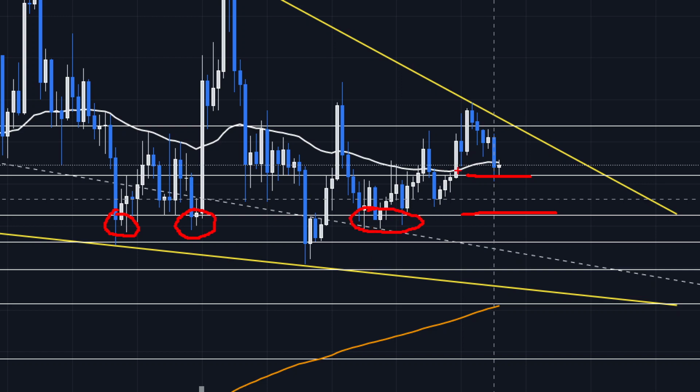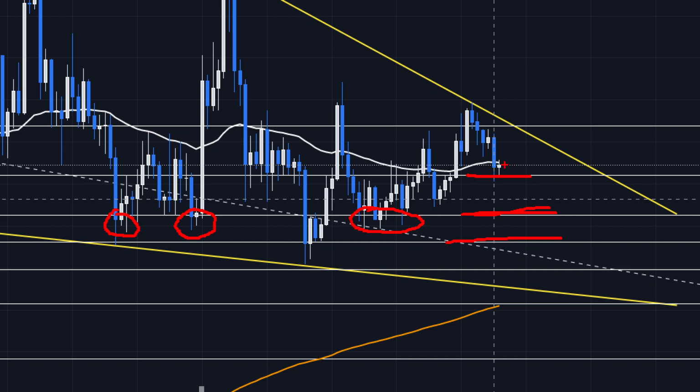This has been a region of reversal for GMT for a while, but if GMT breaks below this support also, then $2.0 is going to be a support for GMT below.